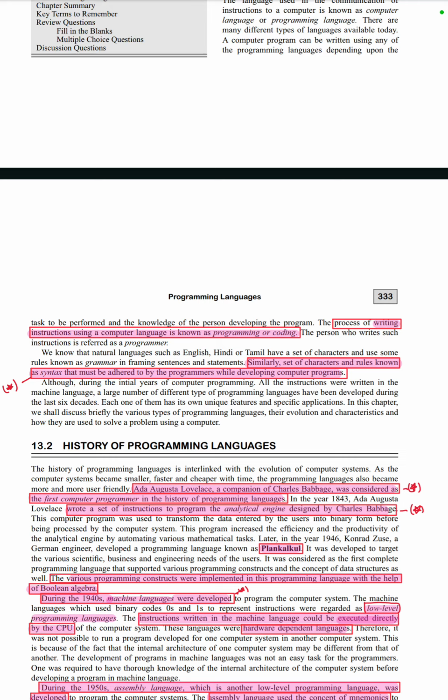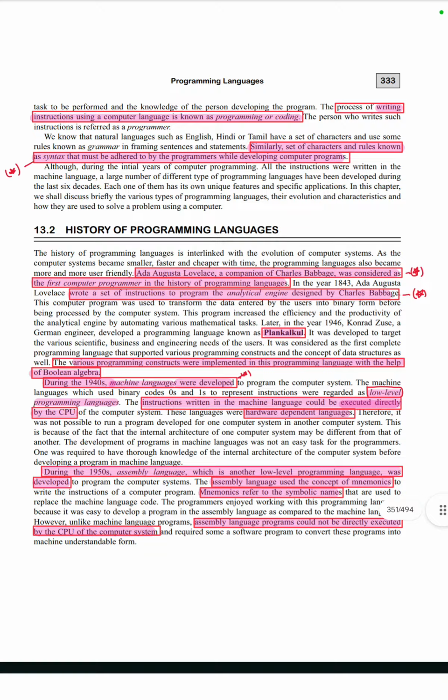Similarly, a set of characters and rules known as syntax must be adhered to by the programmers while developing computer programs. History of programming languages.